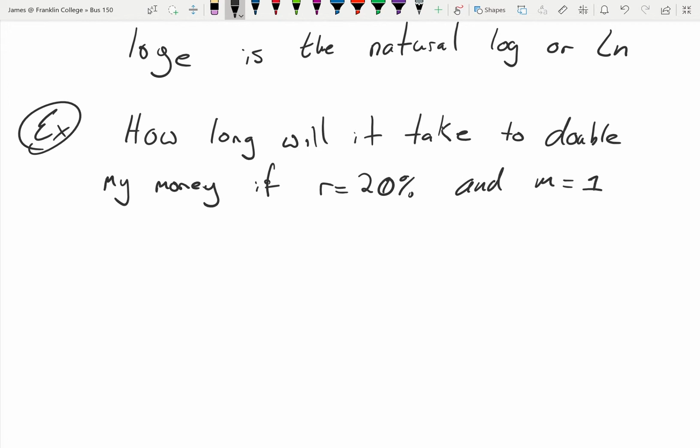So we don't have a continuously compounding equation. We have a setup where we are compounding at set intervals. We're compounding once a year.